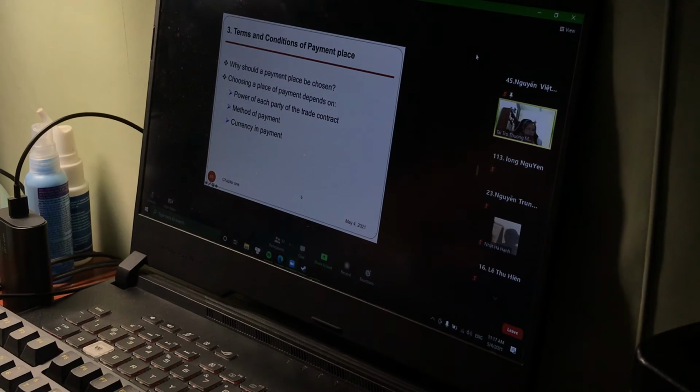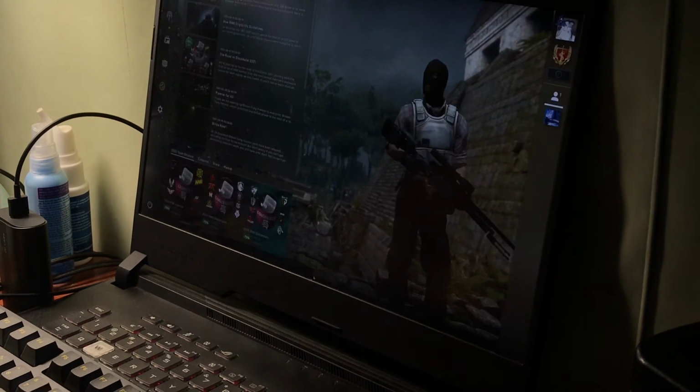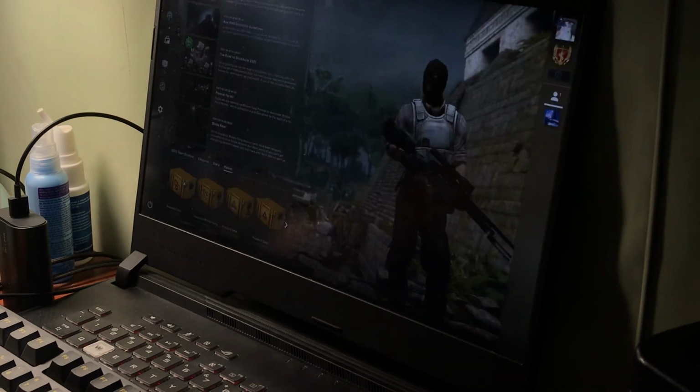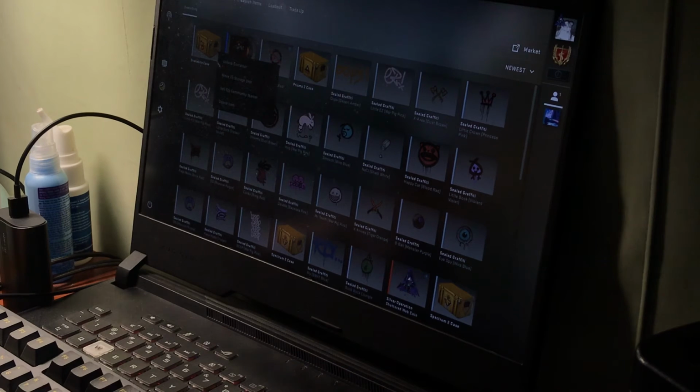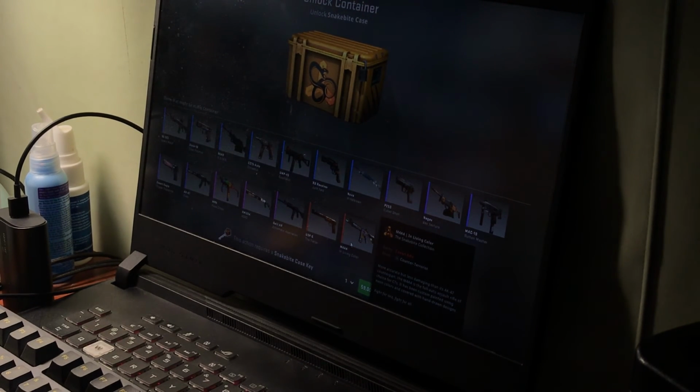Okay, now we move to the last one: terms and conditions of payment. Payment instruments and methods. On the slide we have 2 groups. The first one, on the left side, is payment instruments, in Vietnamese, phương tiện thanh toán.